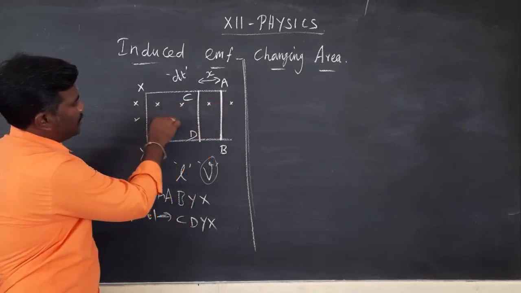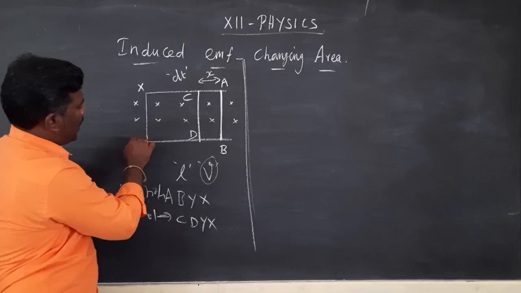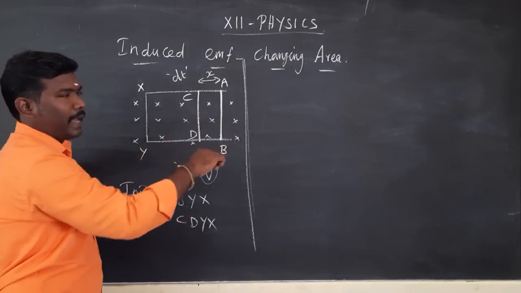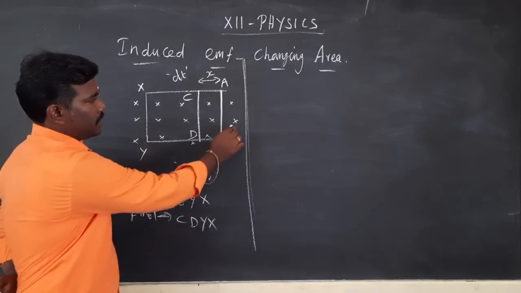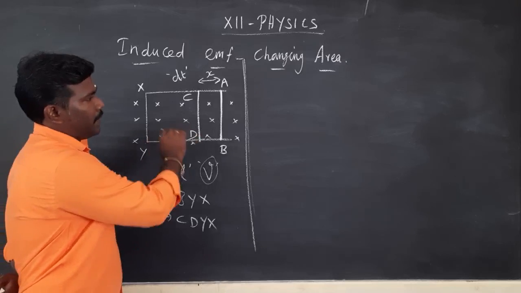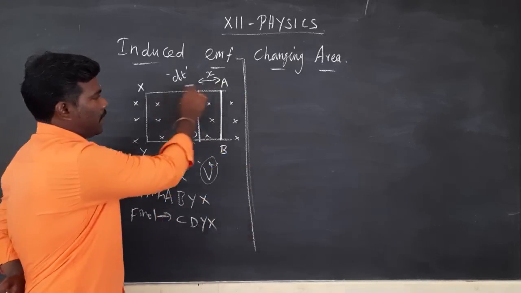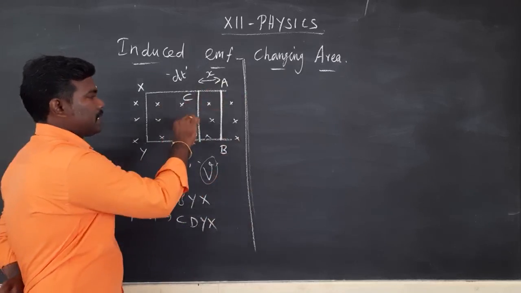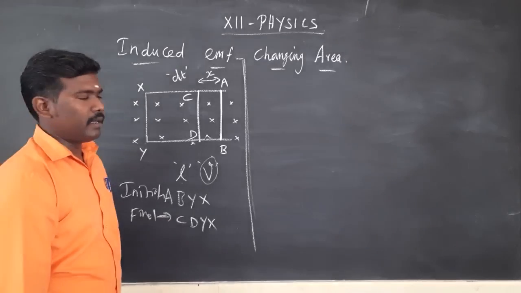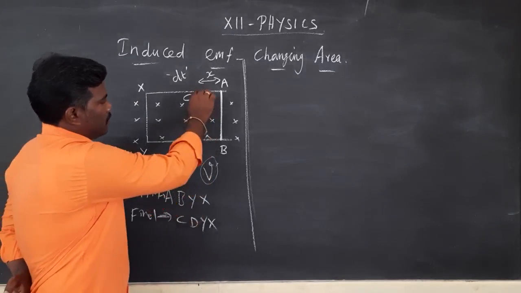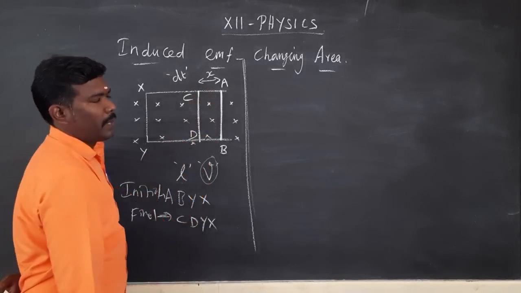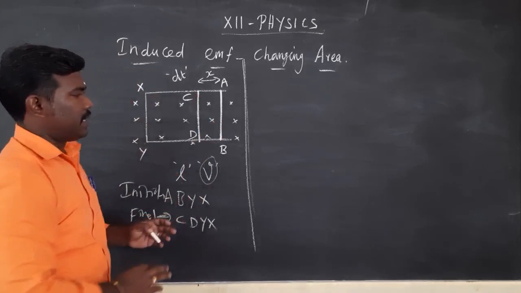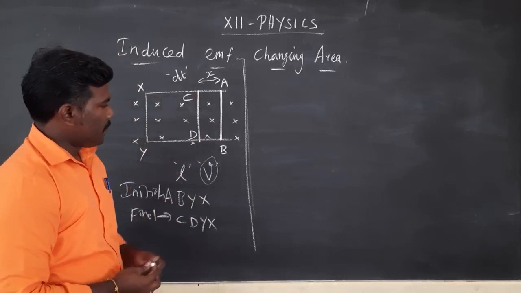We know that the cross symbol indicates that the applied magnetic field is perpendicular to the plane of the rectangular loop and the rod, in the inward direction. So this whole experiment is done in the magnetic field.